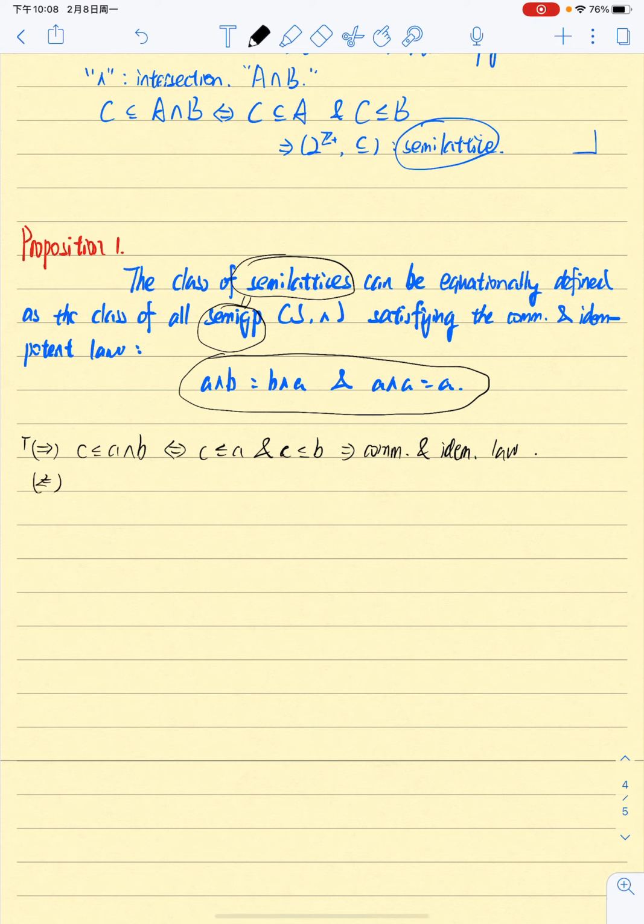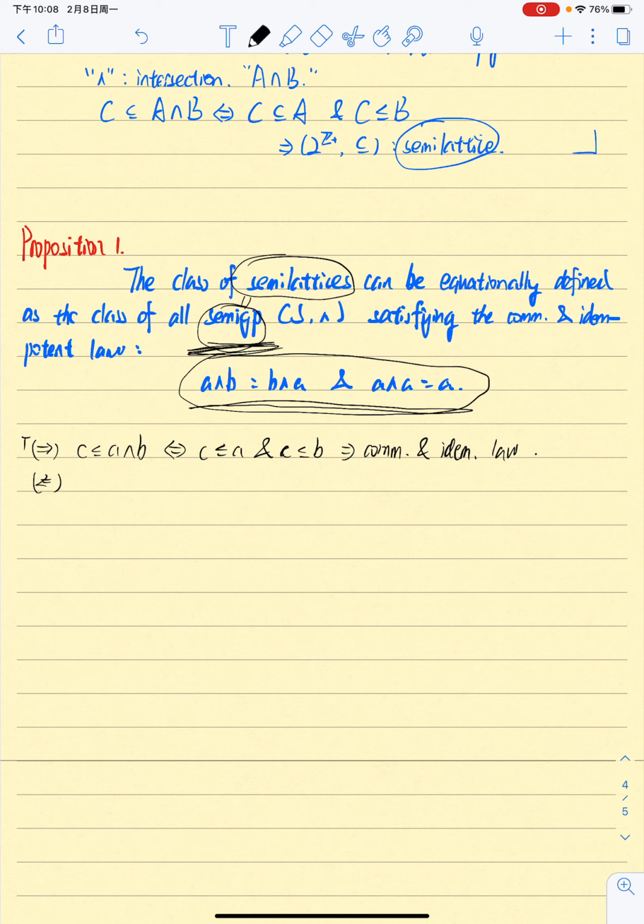And the inverse: S is a semigroup with these two laws, and we want to prove this is a semi-lattice.